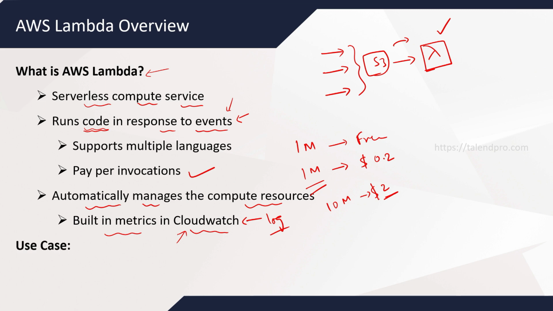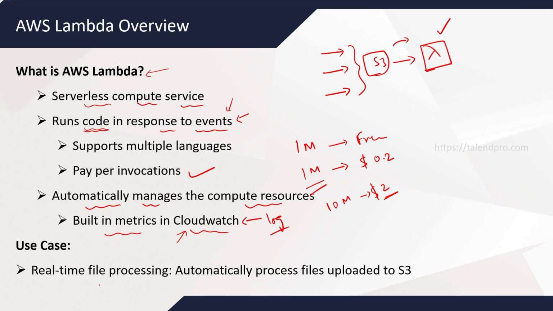So what are some of the use cases where Lambda can be used? You must be wondering. I have one use case here: if you want to process files in real time, you can use Lambda to automatically process a file which is uploaded to S3.